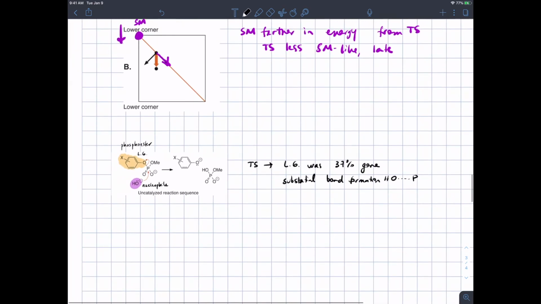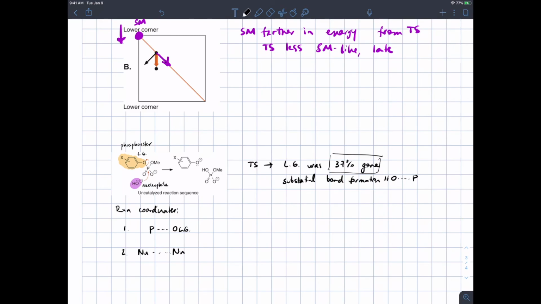And if you think about this reaction, like we've talked about before, you've got two reaction coordinates. You've got the distance between the phosphorus and the leaving group, and then you have distance between phosphorus and the nucleophile. So they figured this number out through some kinetic experiments that we don't need to know.